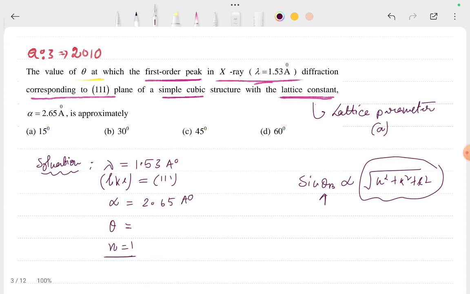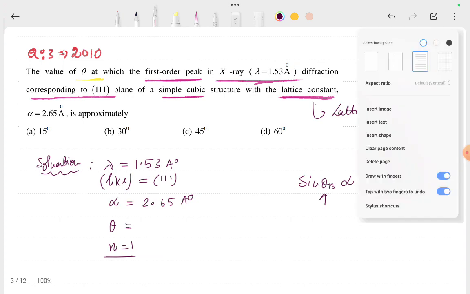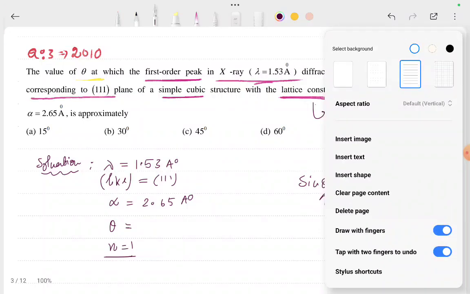Otherwise they mention that the angle is measured from the plane of the crystal, or from the normal of the crystal. So please be careful about that.